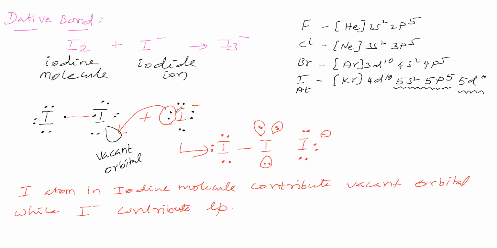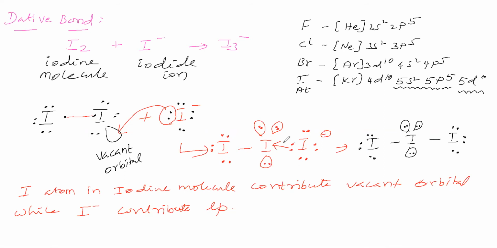This lone pair is involved in coordinate bonding with this iodine. The dative bond is written like this, then we write it as a normal covalent bond. This iodine has 3 lone pairs.